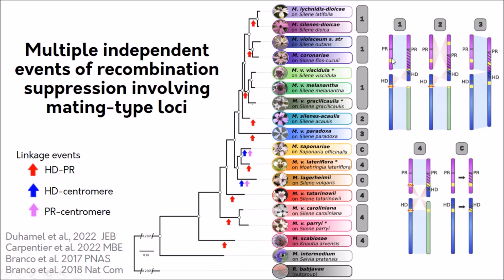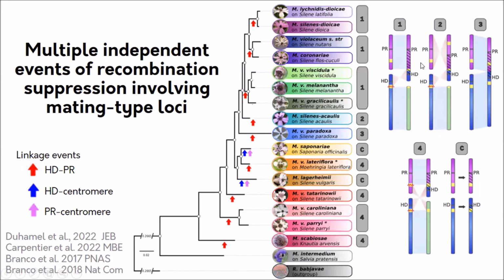And we know that by several kinds of evidence. The first evidence is that the ancestral state is that you have the PR and HD chromosomes separated. And when they are linked together, we infer a chromosomal rearrangement. So for instance, for all these species with the one here, you have the whole PR chromosome that became linked to one arm of the HD chromosome.